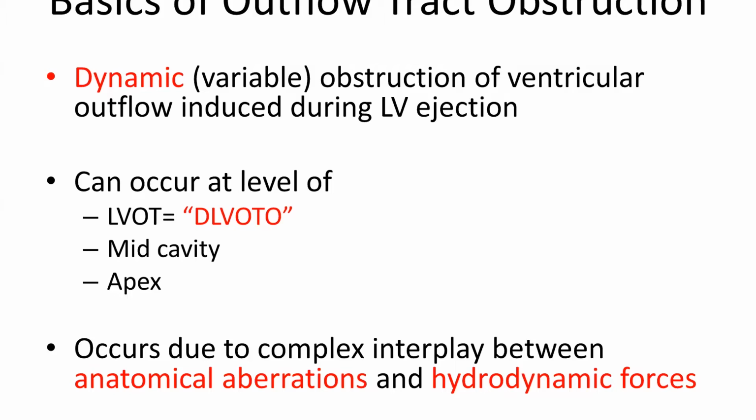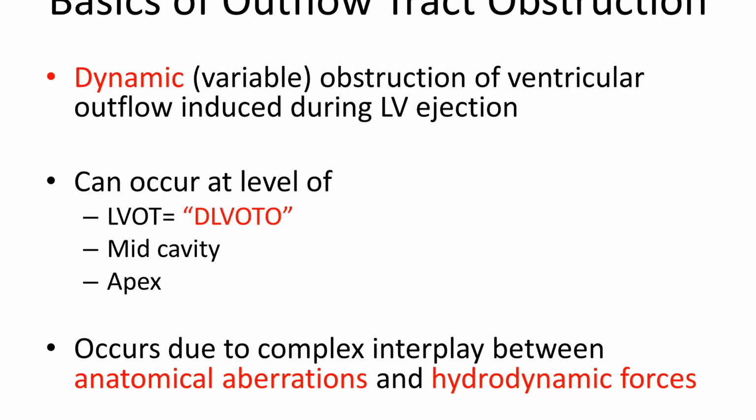Okay, so the important thing about outflow tract obstruction as we talk about it in the context of LVOT is that it's dynamic, and that means it's a variable obstruction of the outflow of the ventricle induced during the process of LV ejection.